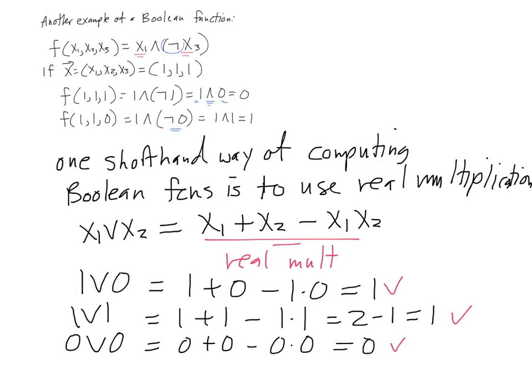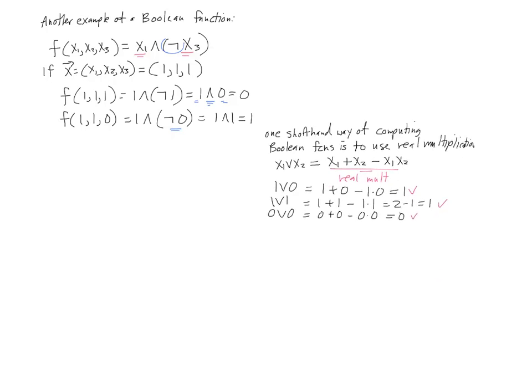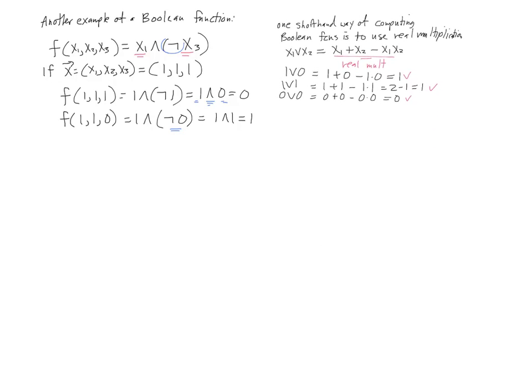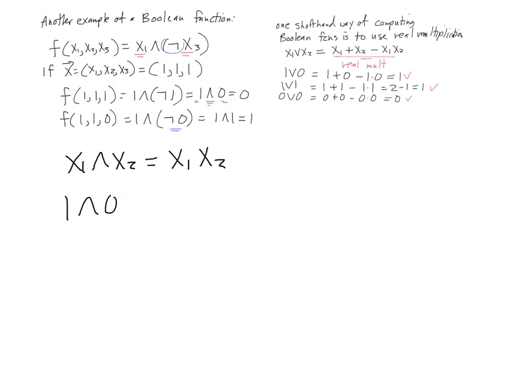How do we compute ands? Okay, well, the and one is actually fairly simple. x1 and x2 is just x1 times x2, and we work that one out. Notice here 1 and 0 is just 1 times 0, which is 0, which checks out.